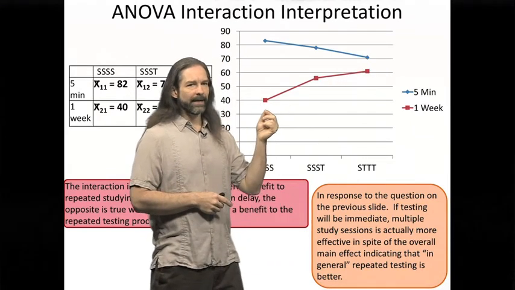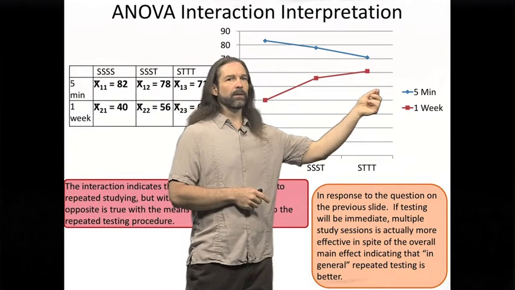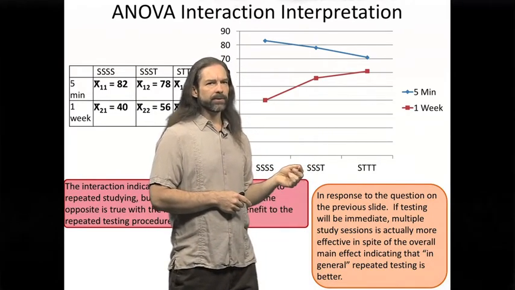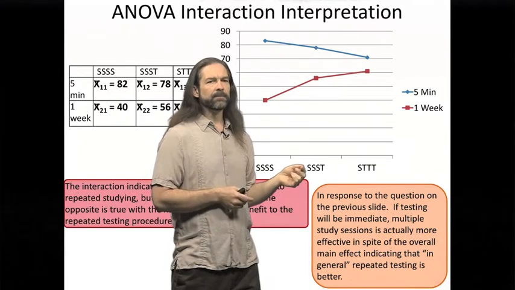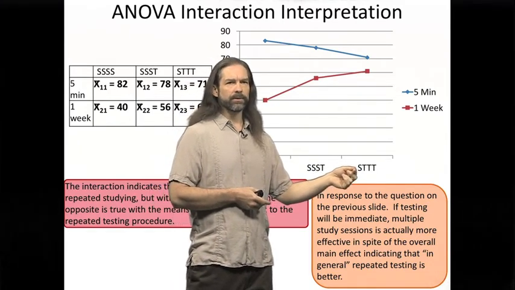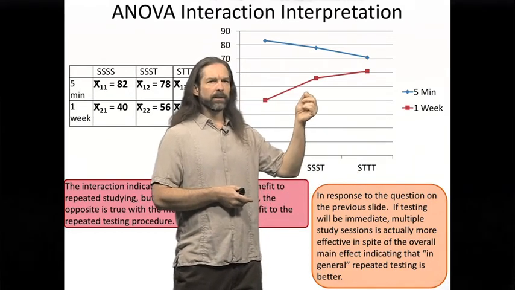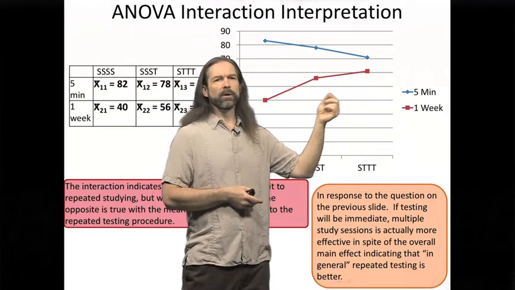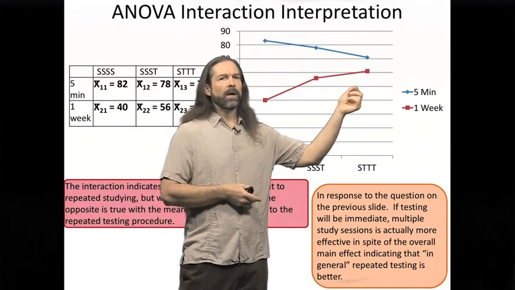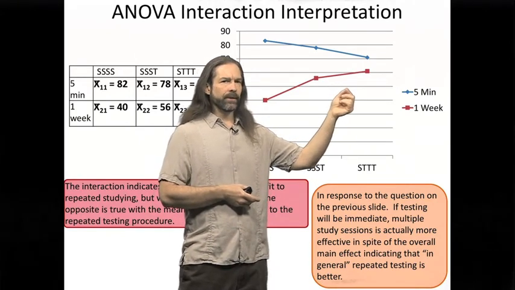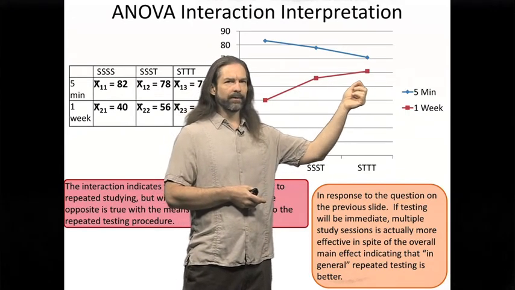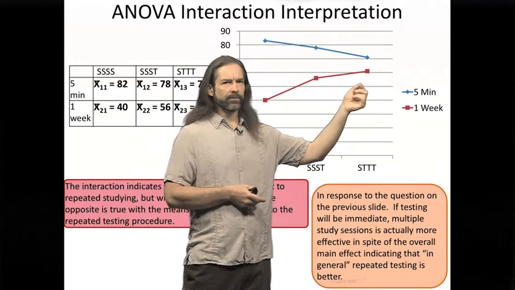But if I'm asked to retain that information for a long period of time, then even though the results indicated for just the main effect that one test was equivalent to multiple self-examinations, when I look at this, and I would have to do more post hoc analyses to really break this down, at the level of the interaction I'm not convinced at this point that one test is equal to 3 tests.